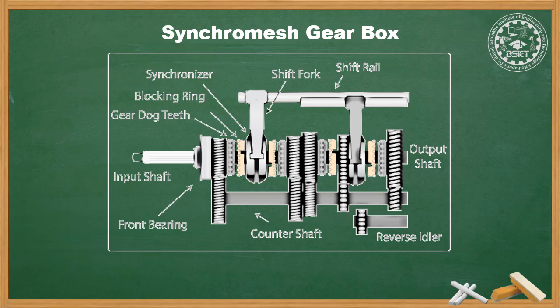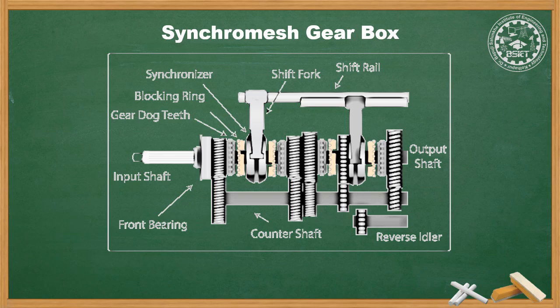The synchronizer unit consists of a synchronizer, blocking ring and gear dog teeth. These three units help to achieve the same speed as that of the input shaft. The synchronizer ring is provided between the dog teeth and the member. The working of the synchromesh gearbox is similar to that of the constant mesh gearbox.